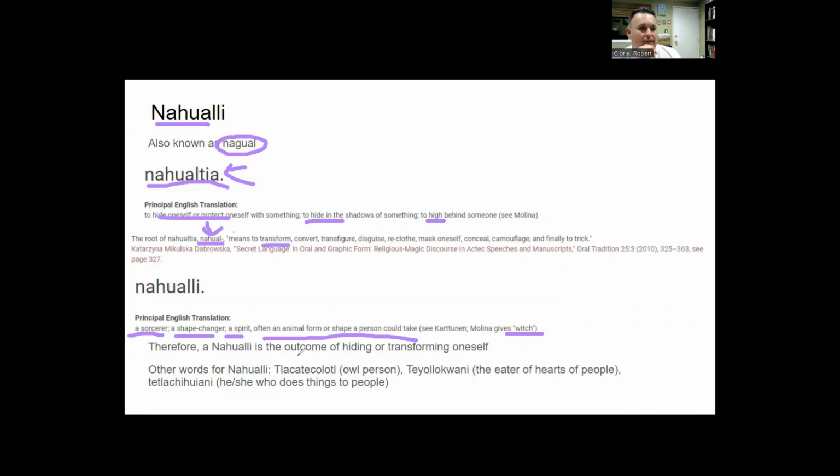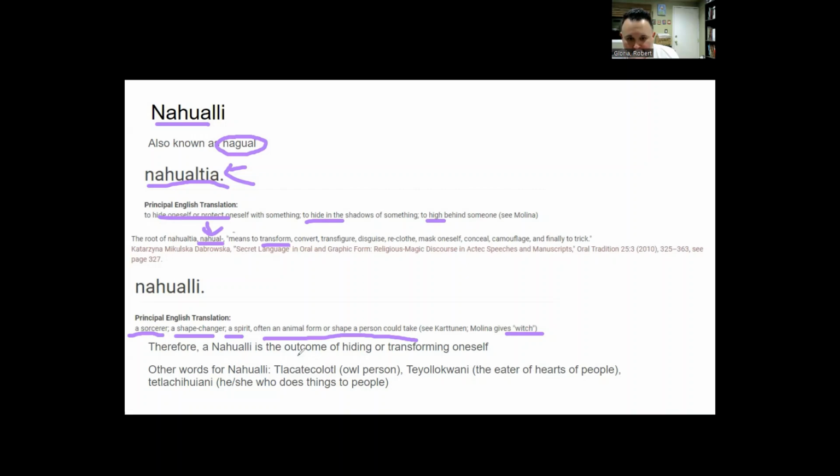Okay, so it's the outcome of transformation. So let's say your animal double is a jaguar. Okay, so the jaguar that is you is the nahualli. It's a nahualli because it's the thing that has been transformed.